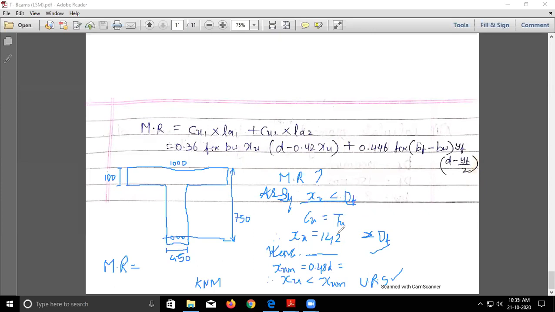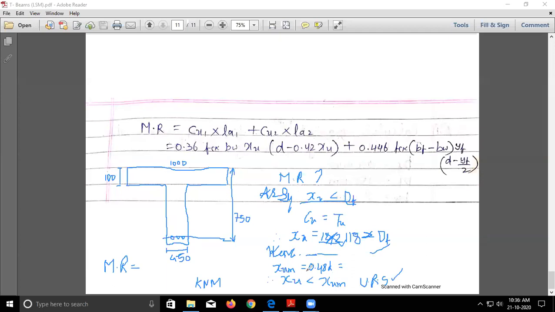Yes, for the first case, I think Xu is 118, not 142. Okay, just check your answer, Mehfooz. This is 118. So still 118 is greater than Df. So hence the assumption is incorrect.